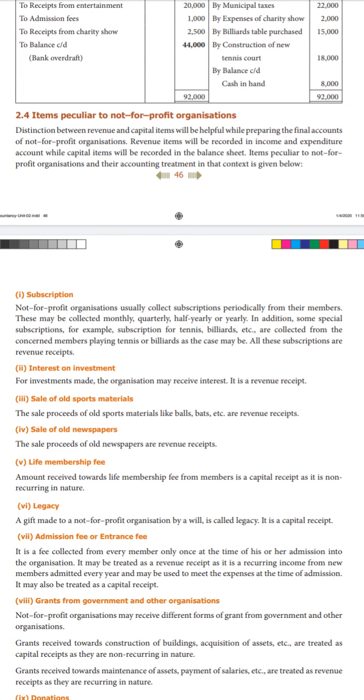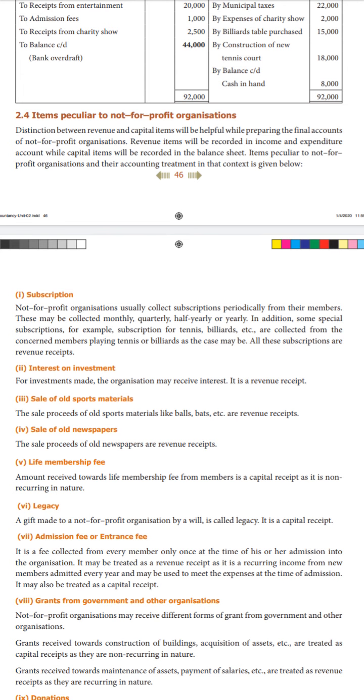In that case, we need to treat this as the revenue receipt. Then comes in sale of old newspaper. Again, whenever you see the word old, immediately it should be revenue receipt or revenue payment. Since we are making a sale, we are receiving the amount, so we are writing it as revenue receipt.